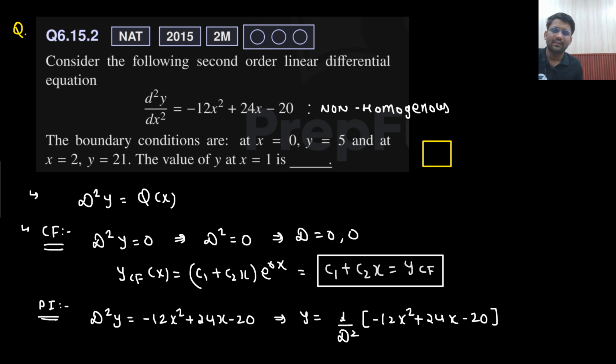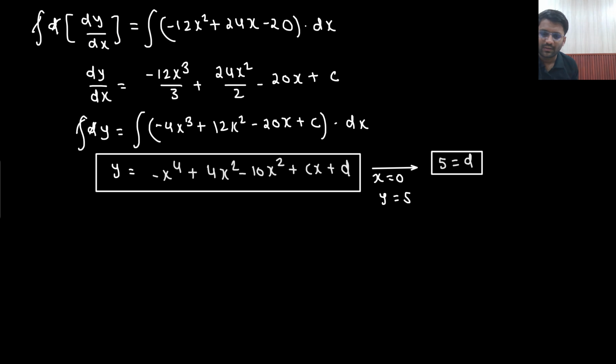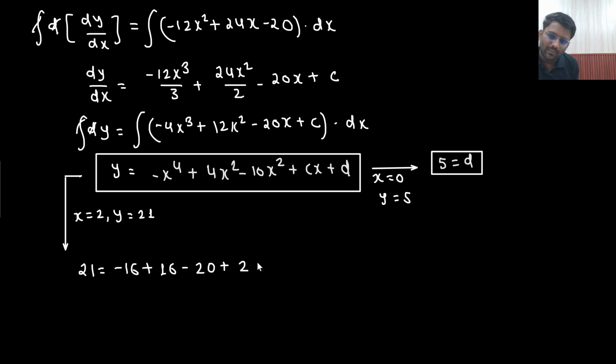Next they are asking, if x equals to 2, the value of y is 21. So the value of y is 21, minus 16 plus 16 minus 20 plus 2c plus the value of d is 5.